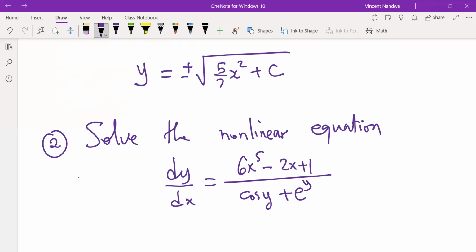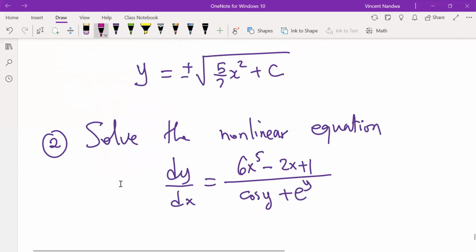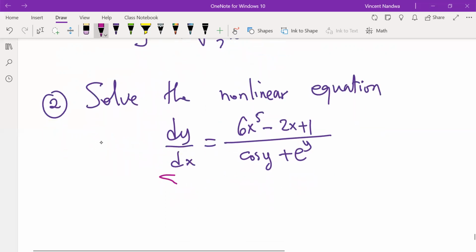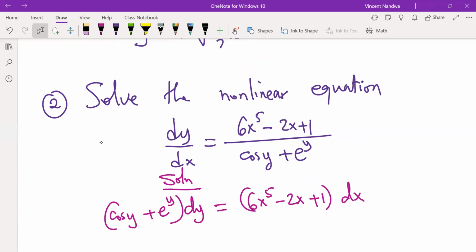So just like in the previous case, we cross multiply to separate the variables. So we'll have cos y plus e to the power y multiplied by dy equals 6x to the power 5 minus 2x plus 1 dx.